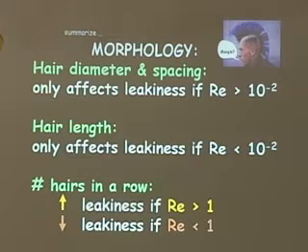And so what we see is which morphological features affect performance depends on the size and the speed of the organism, that is, on its Reynolds number. And we also find that the consequence of a morphological change is different if an organism is a high Reynolds number or a lower Reynolds number. So this is weird. Most biologists are used to thinking about a particular structure having a particular performance consequence. And what we're discovering is that it really depends on the size of the organism.